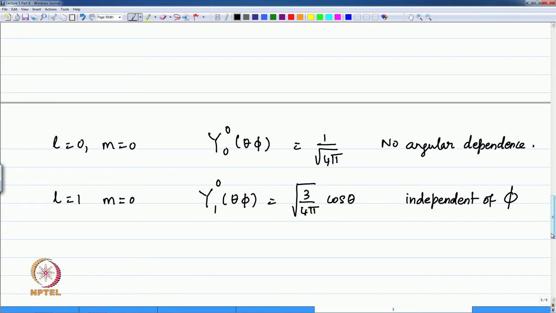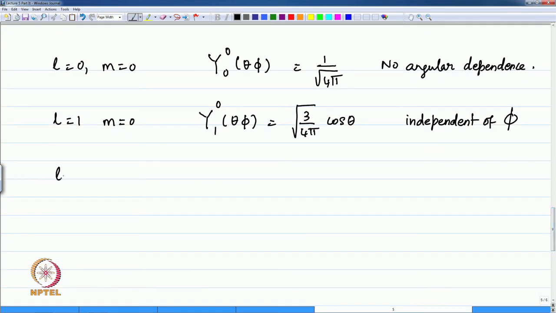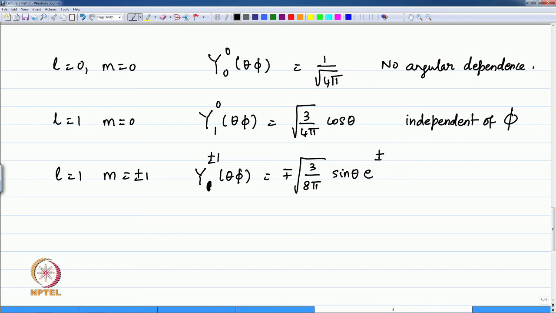Okay. When L is 1 and M is equal to plus or minus 1, the spherical harmonic is Y 1 plus or minus 1 theta phi, and it has the form minus or plus root 3 by 8 pi sin theta e to the plus or minus i phi.